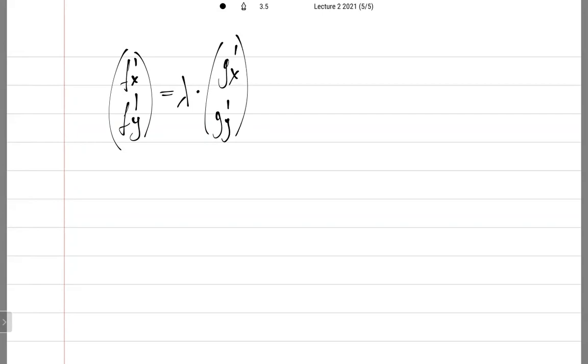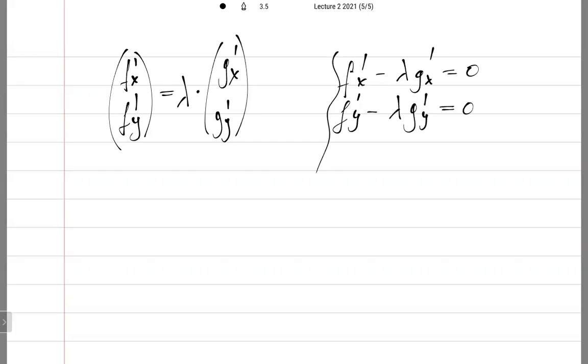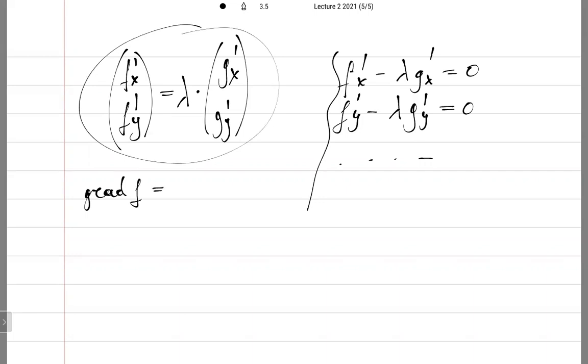This was the beginning of my combined system: f prime with respect to x minus lambda g prime with respect to x equals 0, and f prime with respect to y minus lambda g prime with respect to y. I can interpret this geometrically. That means the gradient of f is proportional, with coefficient lambda, to the gradient of my function g. Okay.